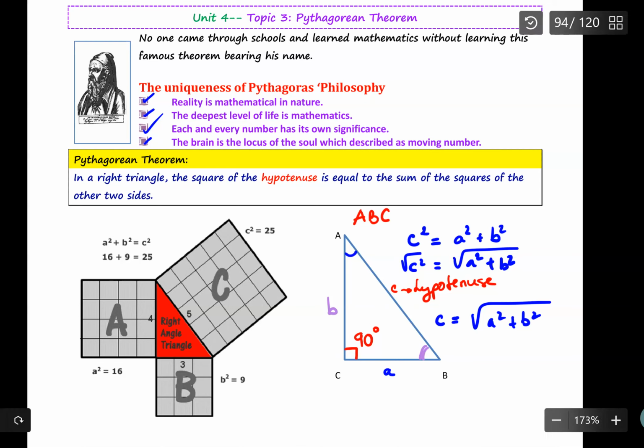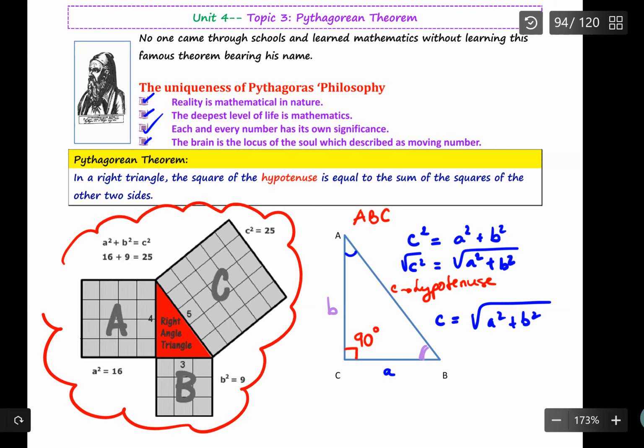So let's take a look at how this theorem presents itself in terms of numbers. In this figure, the hypotenuse is equal to 5. The hypotenuse is 5, this side is 4, and this side is 3.